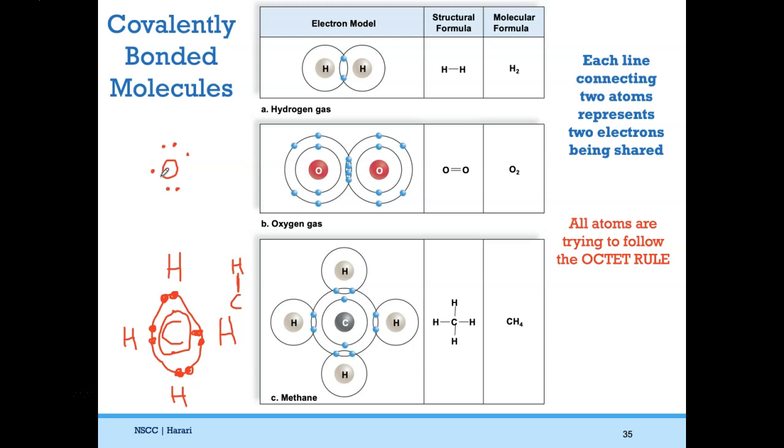In fact, what oxygen does is it shares 2 pairs of electrons with another oxygen. That allows each oxygen to have an octet. So you can count 1, 2, 3, 4, 5, 6, 7, 8. And then this oxygen has 1, 2, 3, 4, 5, 6, 7, 8. Since these are 2 pairs of electrons, we draw them as 2 lines.